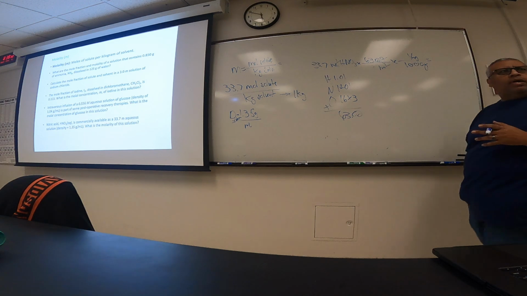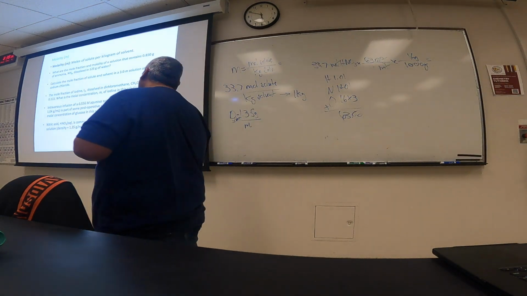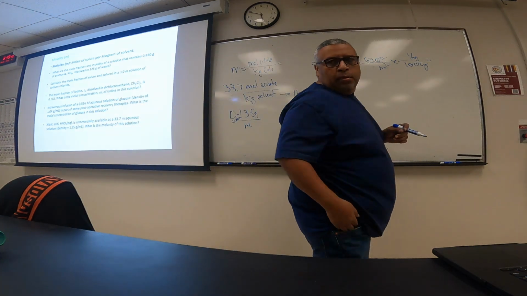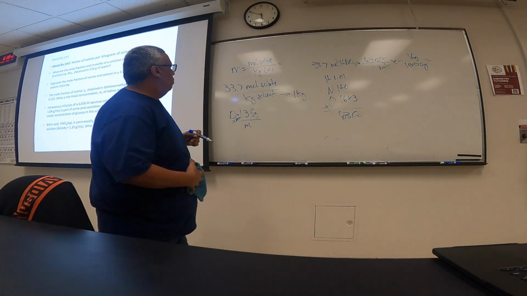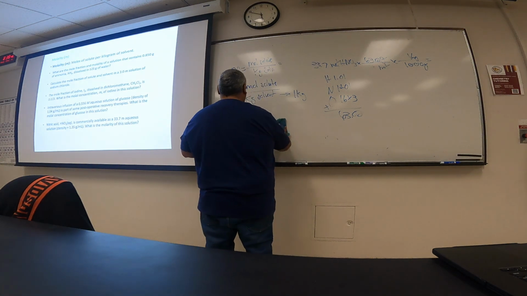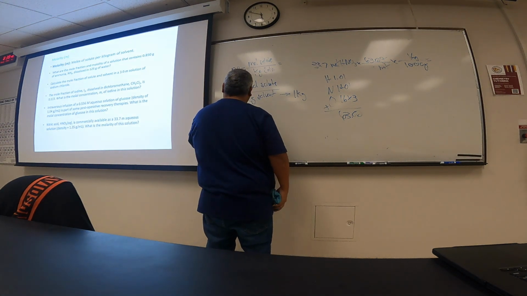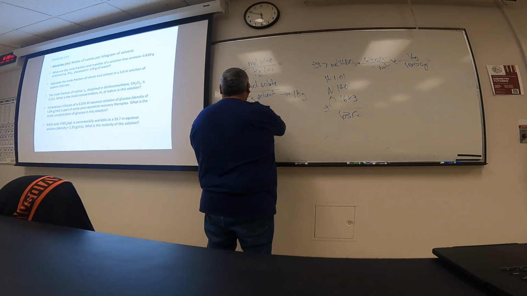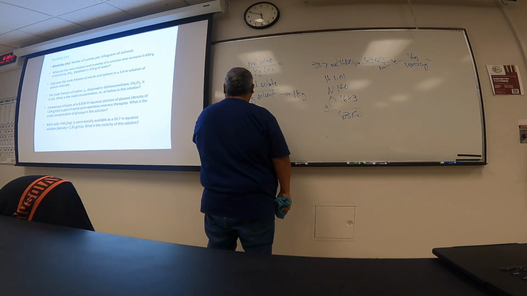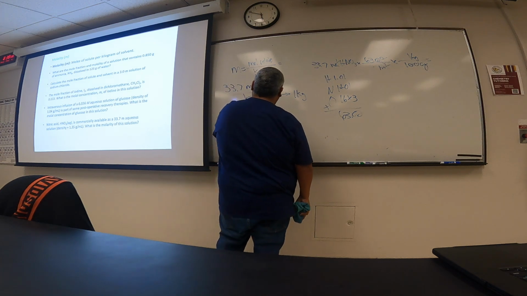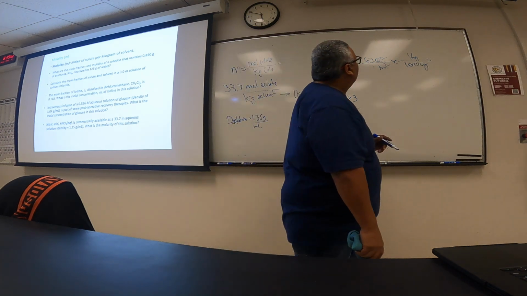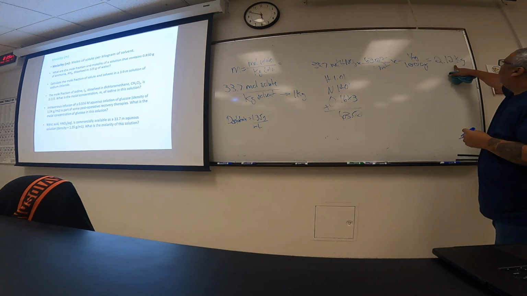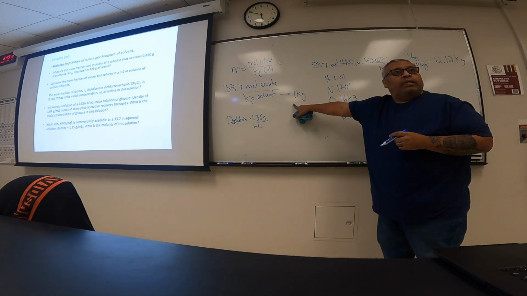So how many kilograms of nitric acid do we have? So 2.12 kilograms of the solute, and we have 1 kilogram of the solvent.